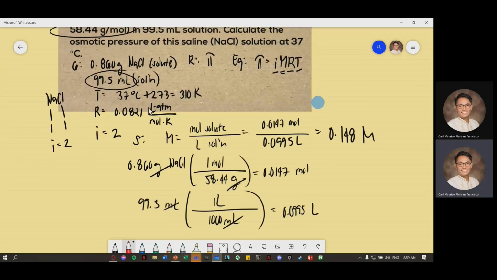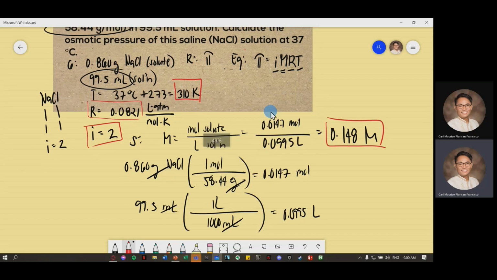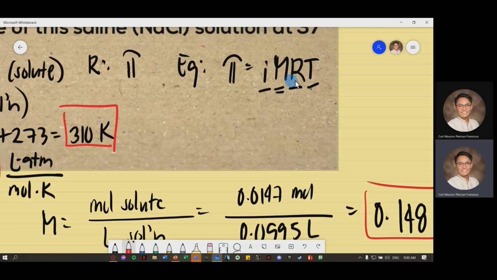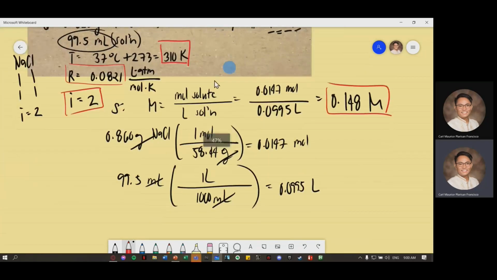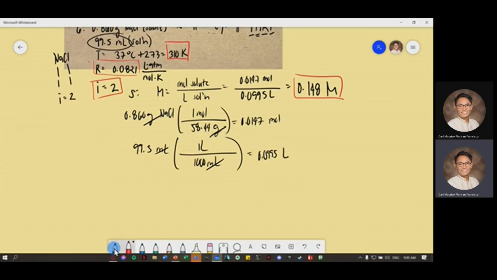Okay. So now we have complete factors. We have here the Van 't Hoff factor, we have molarity, we have the gas constant, and then we have absolute temperature. So all factors for the equation are provided. So we just need to input them on the equation to solve for the osmotic pressure.